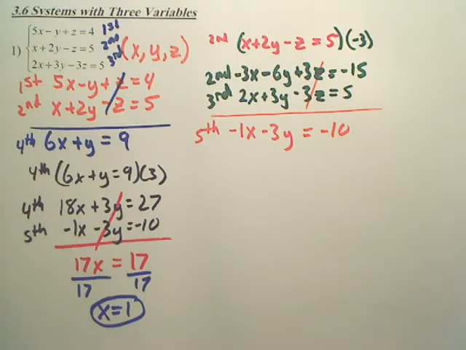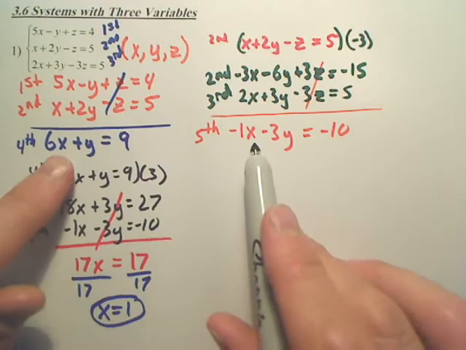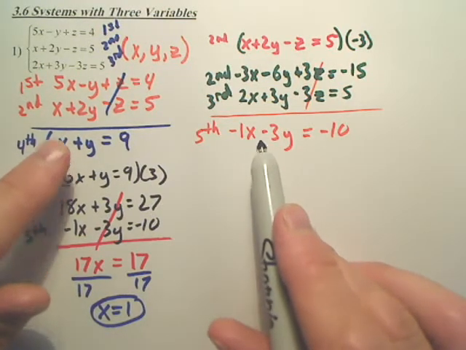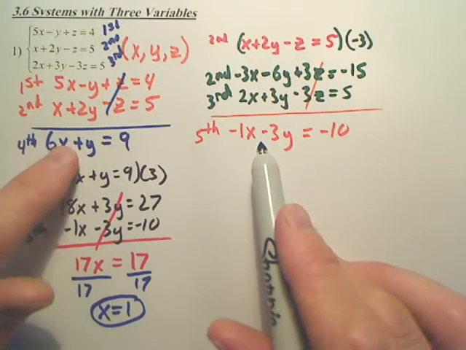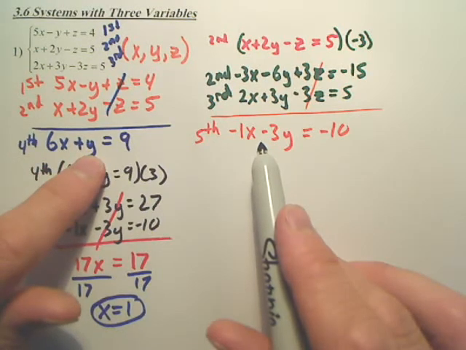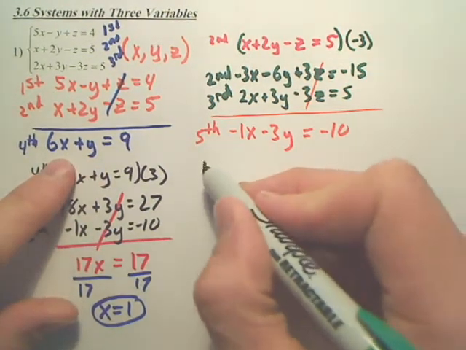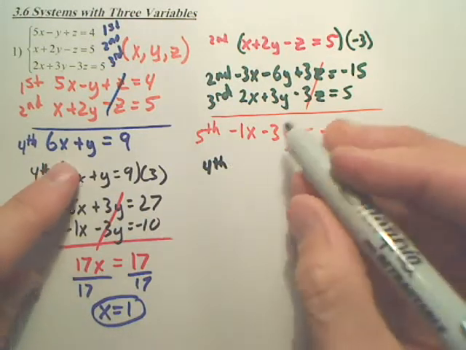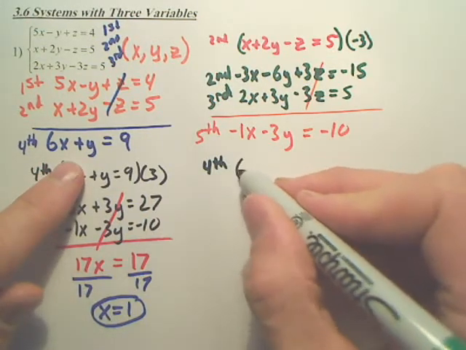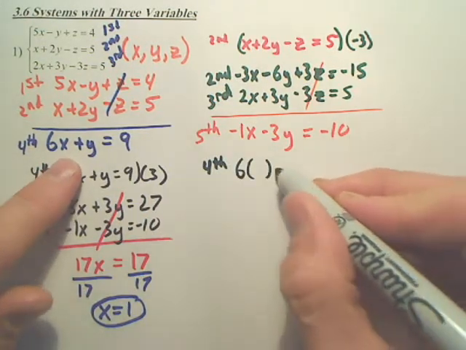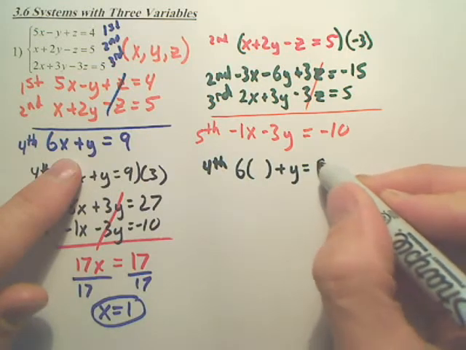Now all we have left is y and z. Now let's think about it. If I want y, could I just plug this into one of these two? Looking at these two, what's easier? Wouldn't the fourth be easier because y is right there? So I'm going to take the fourth equation, 6 times blank for x, because I want to find y.